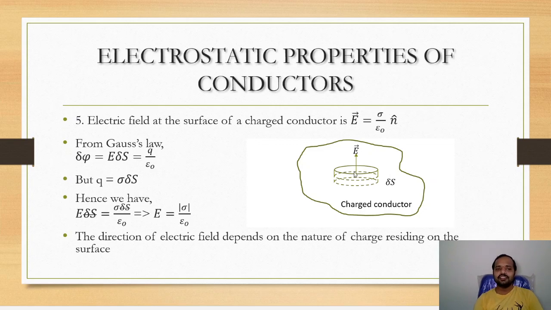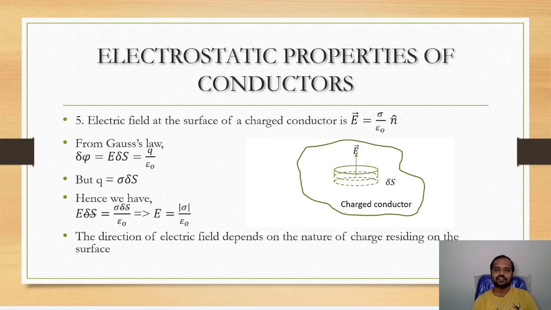Now applying the Gauss theorem, the flux which is coming out of this particular pillbox of area delta S is delta phi equals E into delta S equals Q by epsilon naught. Now remember, here I have taken a charged conductor and we already know that the distribution of charges is going to be uniform.